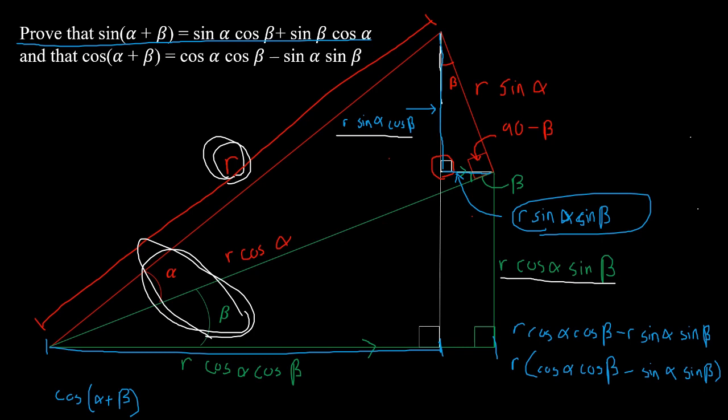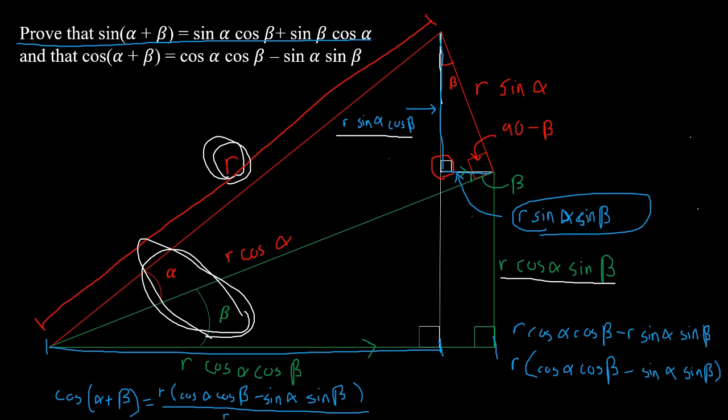So cosine alpha plus beta is equal to r cosine alpha cosine beta minus sine alpha sine beta, all over r.